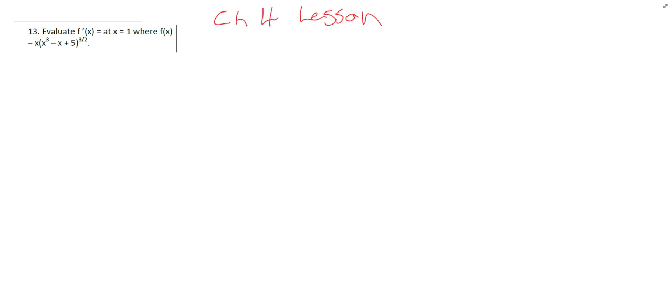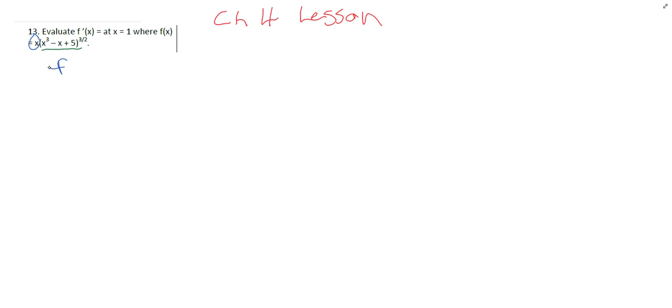And so we'll first notice that we can't distribute this leading x here because the rest of the function, x cubed minus x plus 5 to the 3/2 power, is of course a radical. So let's go ahead and set up our product rule definition.